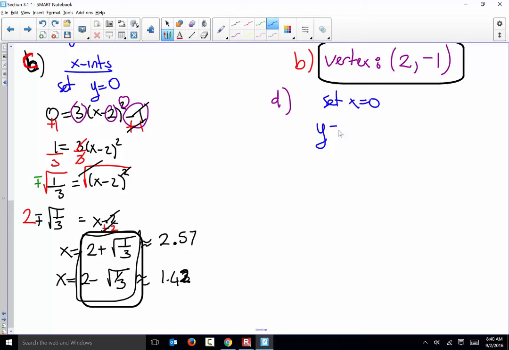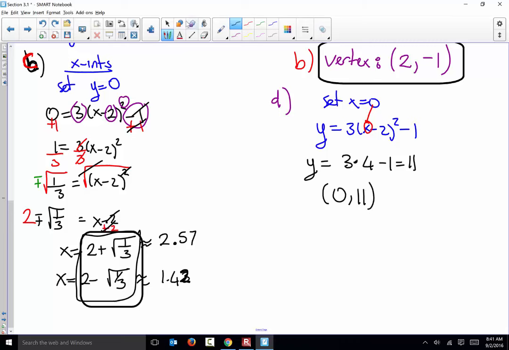So y equals 3 times (x minus 2) squared minus 1. I set 0 in here and get 3 times, what is 2 squared? 4, minus 1, which is 11. 0 comma 11 is the y-intercept.